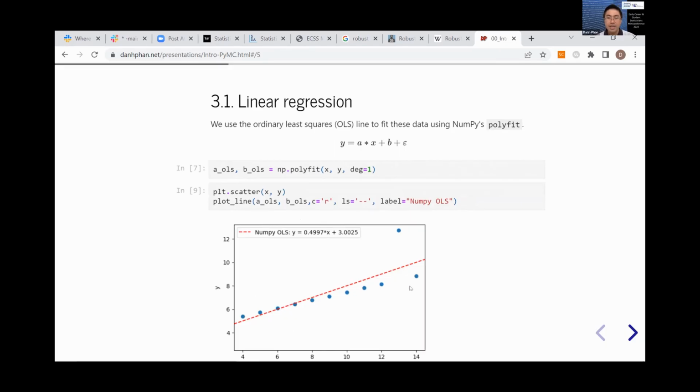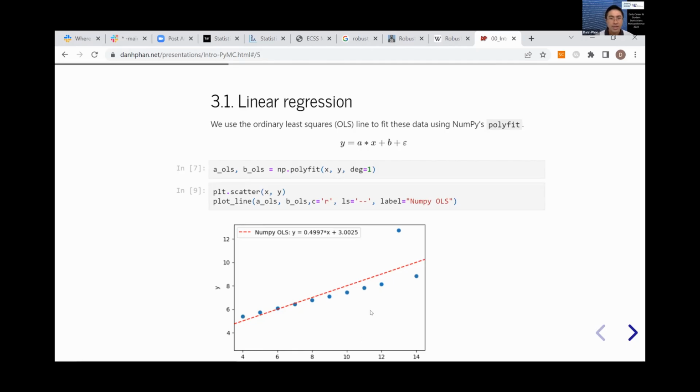For this data set, I plotted it here, as you can see, with the X and Y axes. We will use an ordinary least squares fit, and for that we will use a simple function in NumPy, polyfit, and our model will be something like y equals ax plus b.